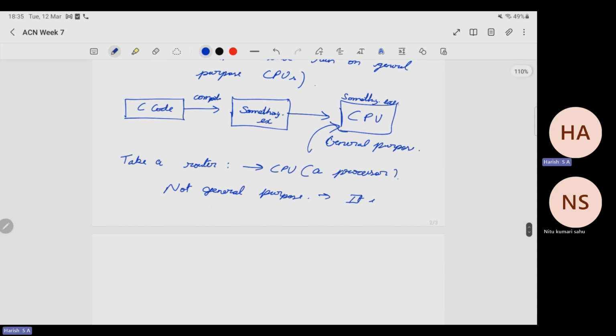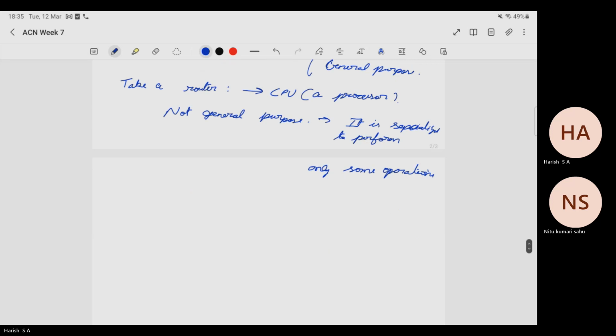Because it is specialized for only some operations. Right? It is specialized to perform only some operations. Okay.